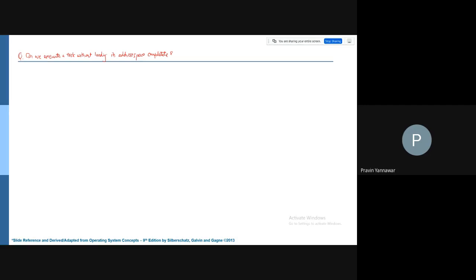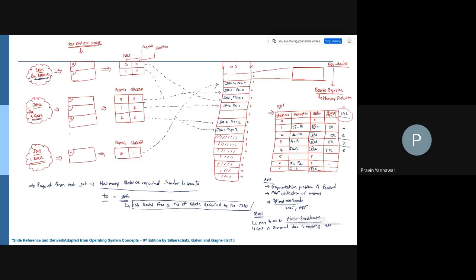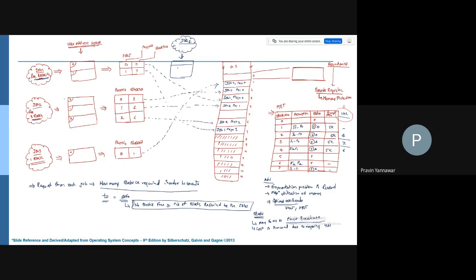Now we'll have one more example, just to give you a representation. Say you have job 4, and this job 4 has an address space requiring 3 pages: page number 0, page number 1, and page number 2.